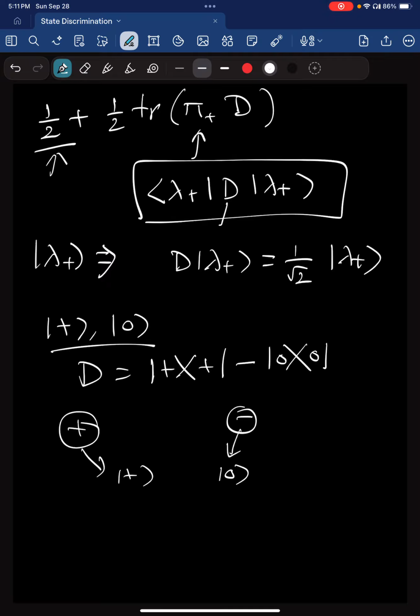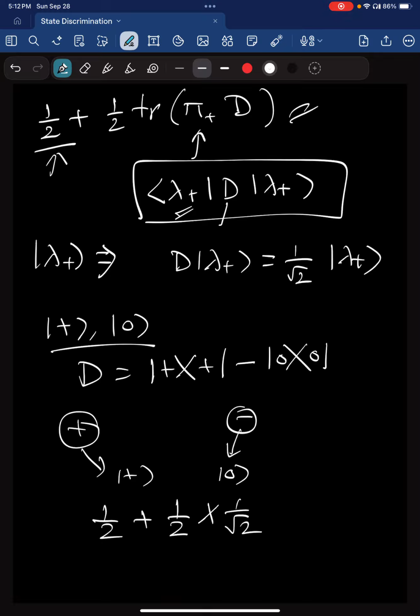And now the question is, what's the probability of getting this? I actually already have written the probability here. You can simply put it here, half plus half, and you can easily count that this is basically this, and you already see that you're getting one by root two here.